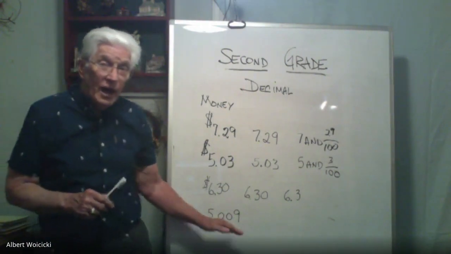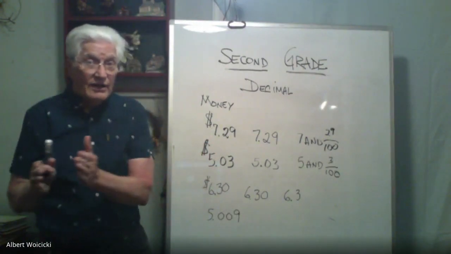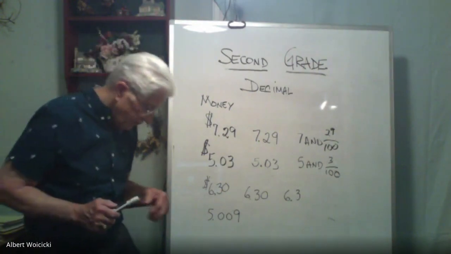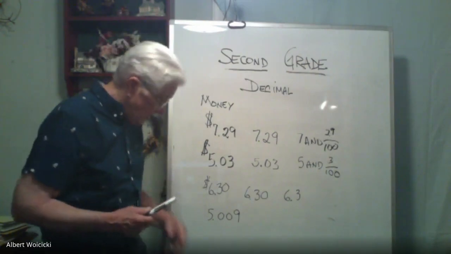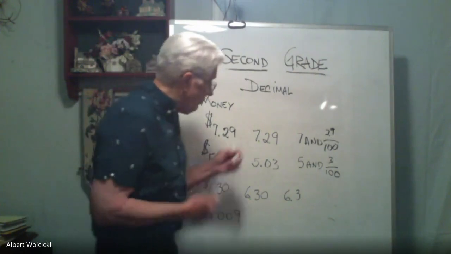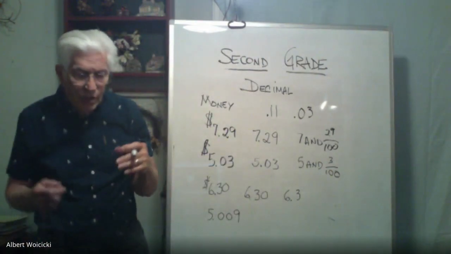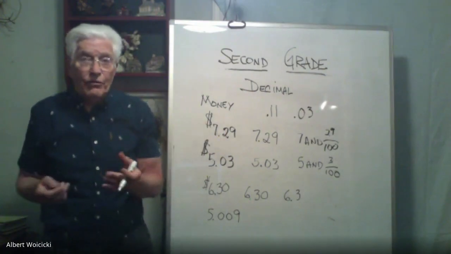Okay, so again, we're working our way toward this 9 thousandths. But now what you have to do is finally ask them which one is bigger. So you write those 2 down and you ask them which is bigger. Now, some may say, well, 11 is bigger than 3.